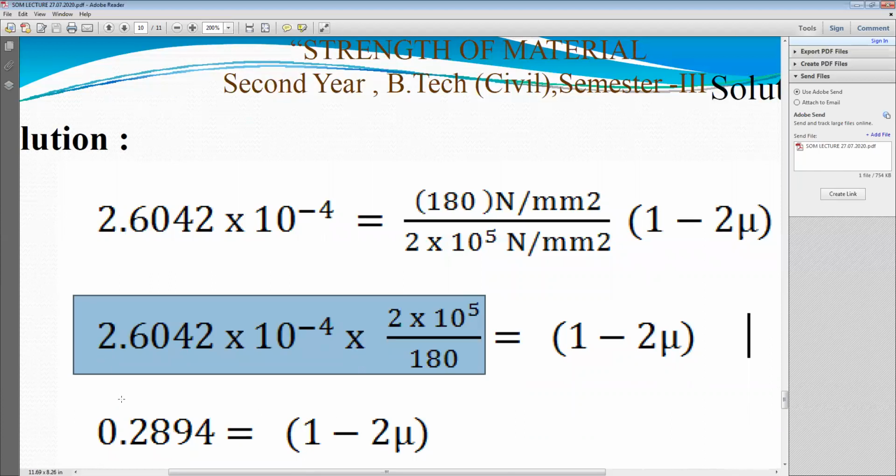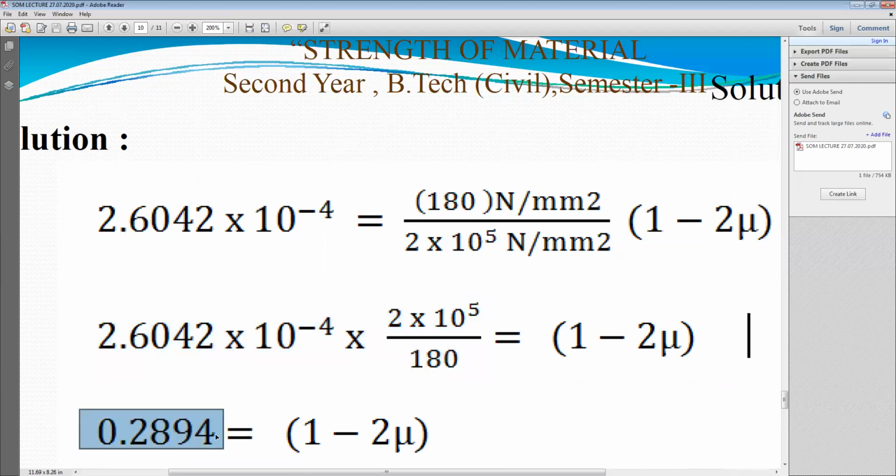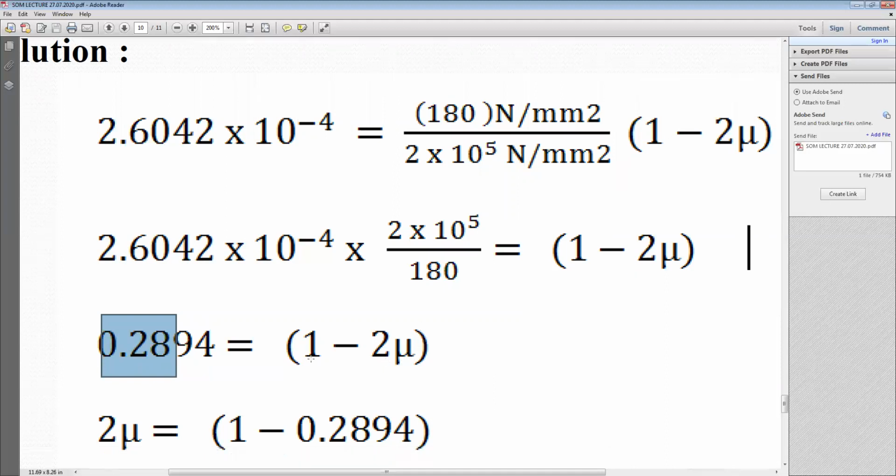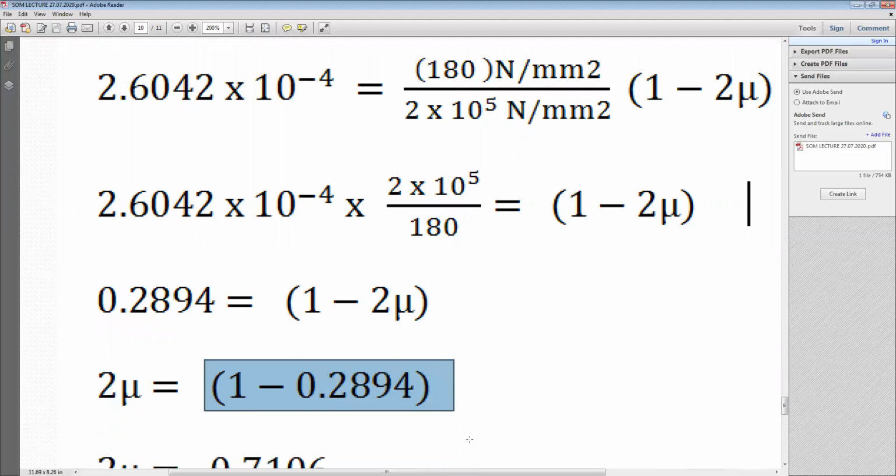Okay. So what is the answer of 2.60 into 10 to minus 4 into 2 into 10 to 5 divided by 180? 0.2894 is the value, which is equal to 1 minus 2 mu. The next step: please take minus 2 mu to the left hand side, and take the left hand side value to the right hand side of this equation. So 2 mu is equal to 1 minus 0.2894.